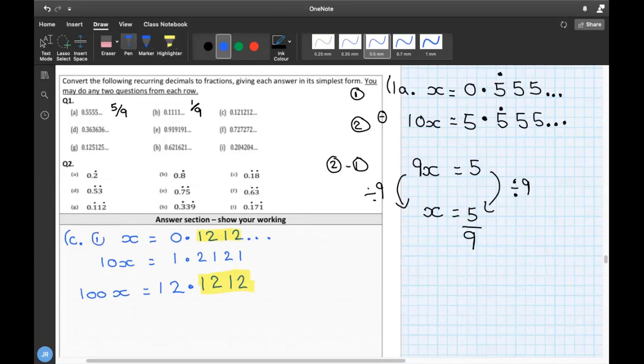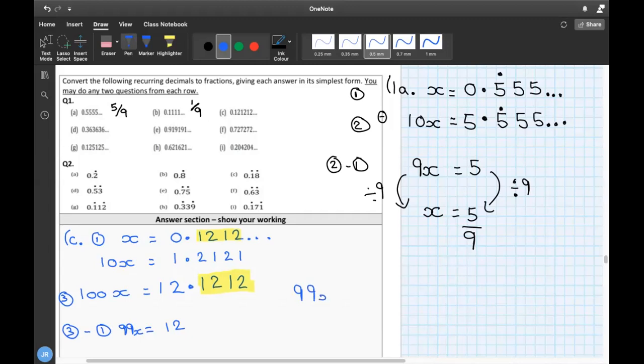If we say this was equation 1 and this was the third equation, we're now going to do equation 3, take away equation 1. The values after the decimal will cancel out, so all we're going to be left with there is 100x take away x, that will be 99x, and that's equal to 12.